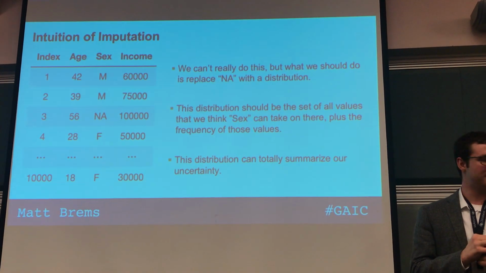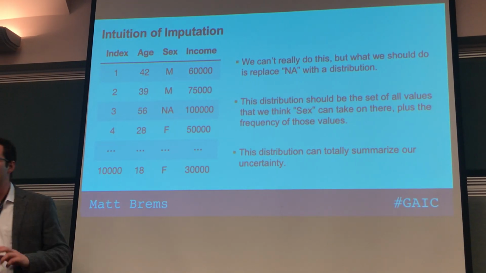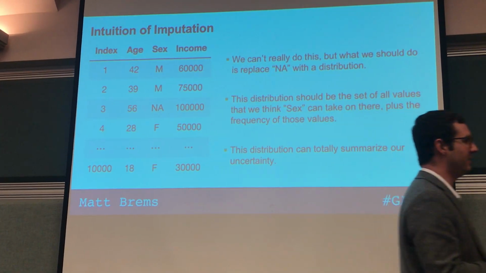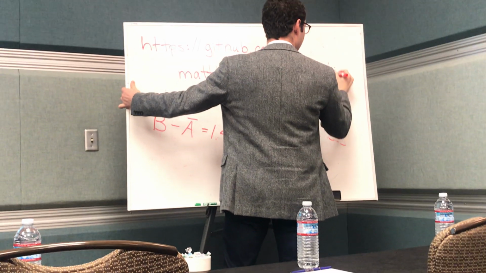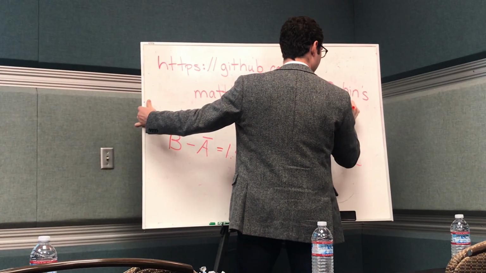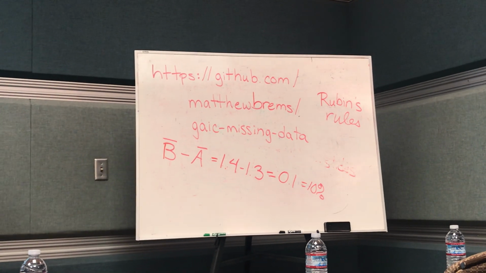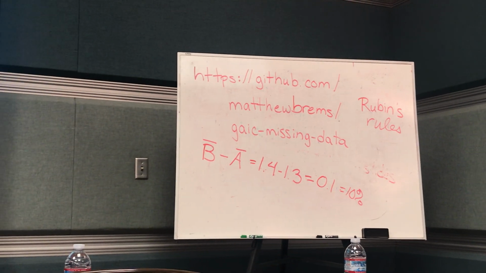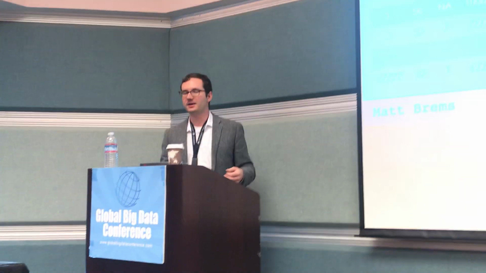But there are a set of rules that can be used to combine this information, and this is on a later slide. There is a set of rules known as Rubin's Rules. Rubin and Little are like the two godfathers, I guess, of missing data.